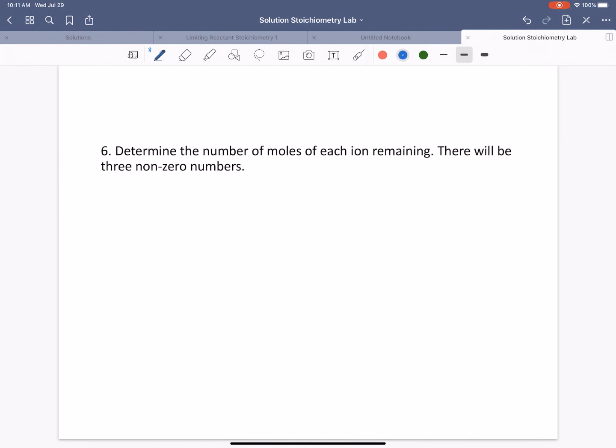Now we'll determine the number of moles of each ion remaining. We know that there are no moles of barium ion. It was the limiting reactant.